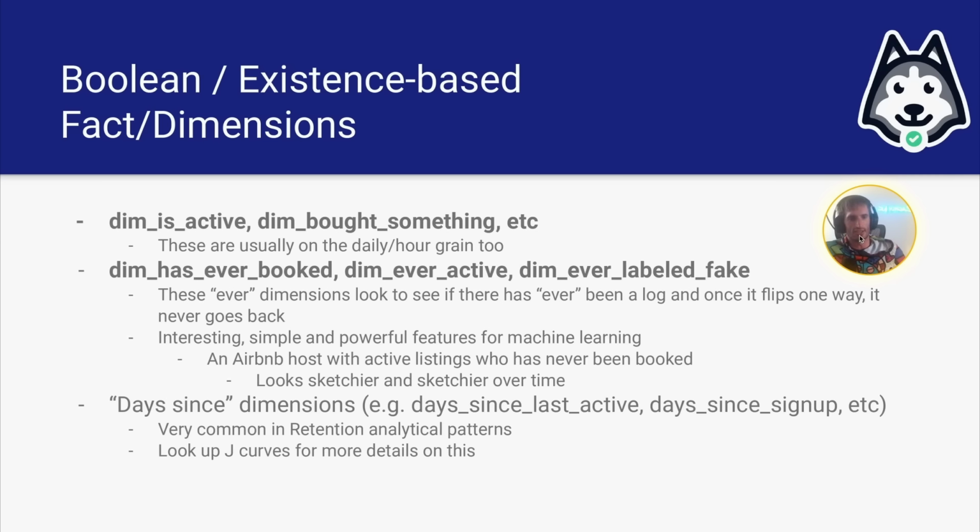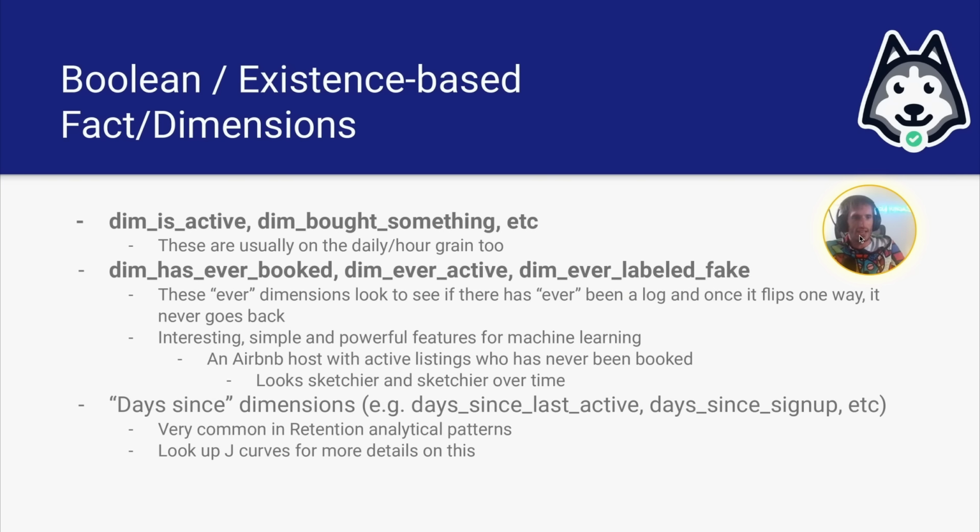So it can be a very good dimension to bring in. But again, how do you get dim ever labeled fake? It comes from the fact that at some point a machine learning model created a label that said this account was fake. And these ones usually only ever flip from false to true.